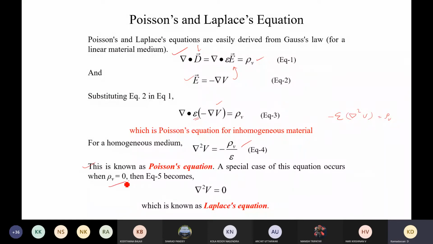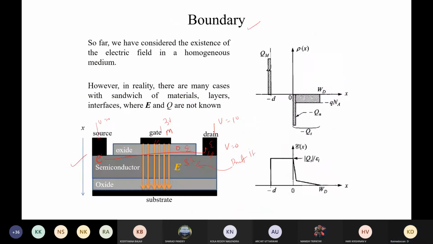And if you take the special case when the charge density is equal to 0, the right-hand side becomes 0. And that is what we often refer to as the Laplace equation. So the Poisson equation and Laplace equation are the same, and the Laplace equation is the special condition of that. For instance, in case of oxide, it is an insulator, so it won't have any charges.